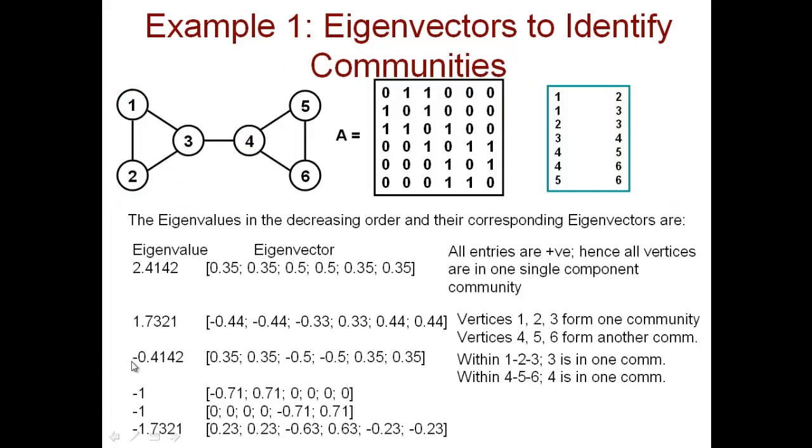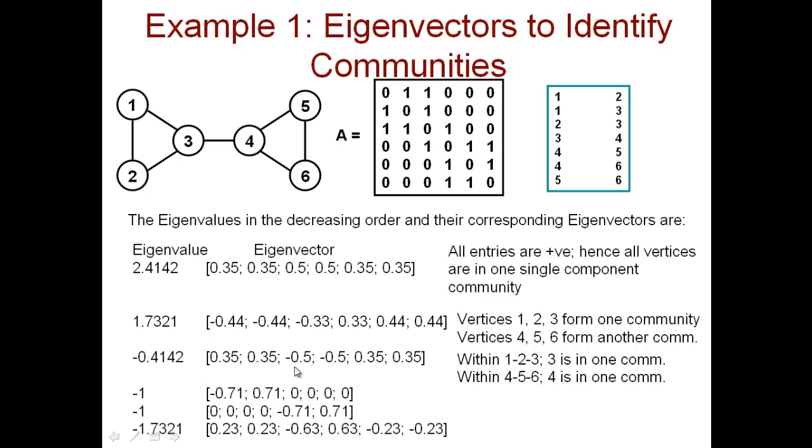The third largest eigenvalue is negative 0.4142, and the corresponding eigenvector is this. Now you see here, in the previous eigenvector we had the first 3 entries as negative, and in this eigenvector the first and second are positive, the third is negative. That means if we were to partition 1, 2, 3 further, 1 and 2 should be together, 3 should be separate.